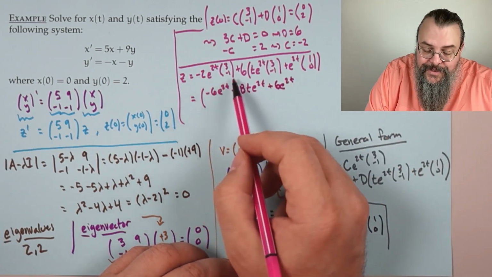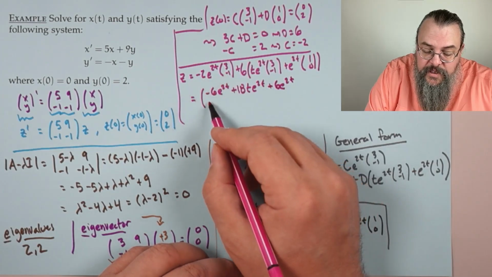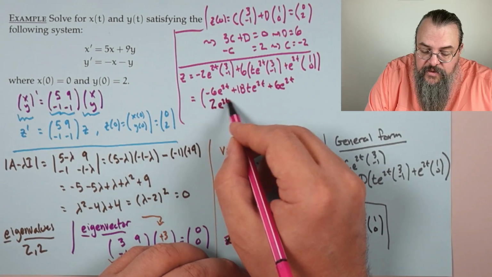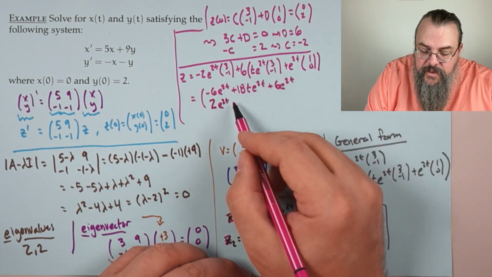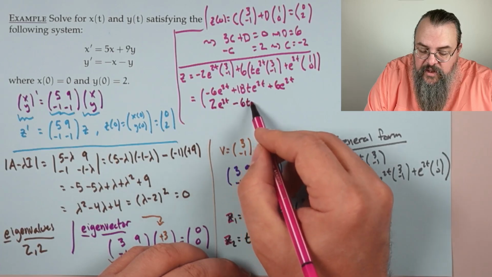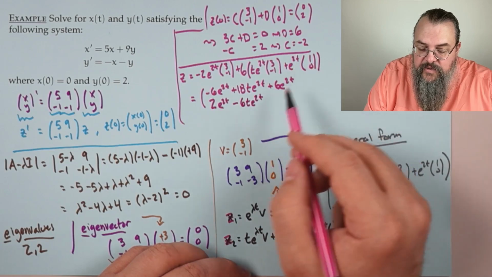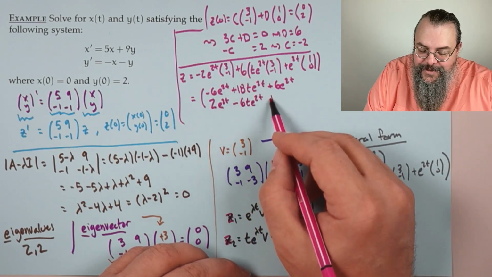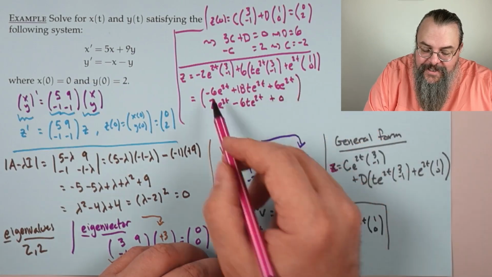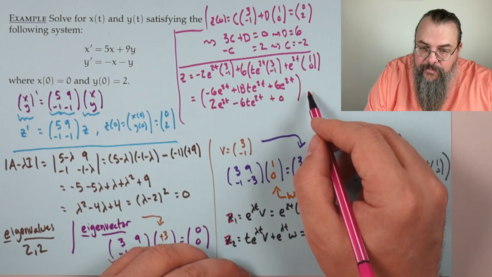Then downstairs, we'll get a minus 2 e to the 2t times minus 1, 2 e to the 2t. 6 times t e to the 2t times minus 1, minus 6t e to the 2t. And then e to the 2t times 0 is times 6, don't forget. Well, you'll still get 0. Upstairs, the e to the 2t's times the 6's, those cancel.